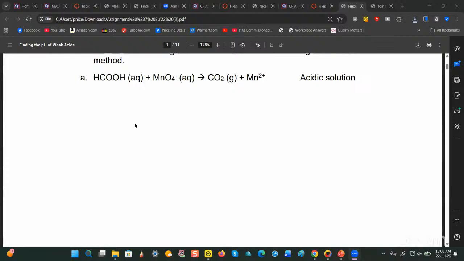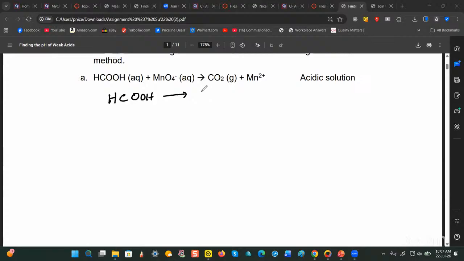You can label which is getting oxidized, which is getting reduced. We would do the oxidation, which is HCOOH to CO2, and then we would do the reduction, that's MnO4- to Mn2+. Exactly, you separate the equation into two half equations.